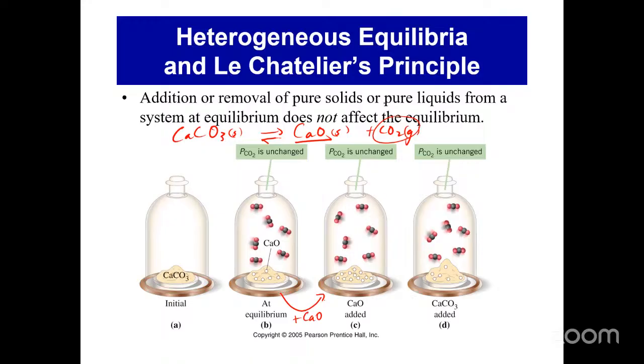So therefore, there's no change in the pressure of the carbon dioxide when you add some calcium oxide. And the same is true if you're adding calcium carbonate, which is also a solid. Again, there'll be no change in the amount of carbon dioxide, and therefore the pressure will not change for the same reason, all right?